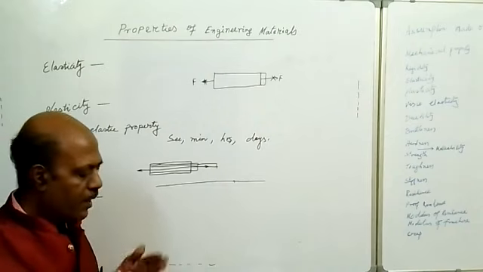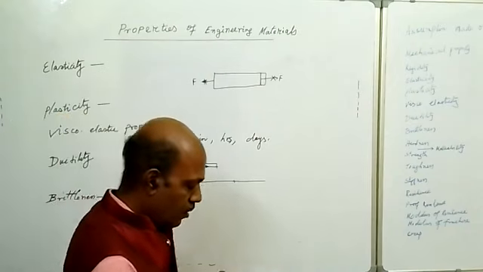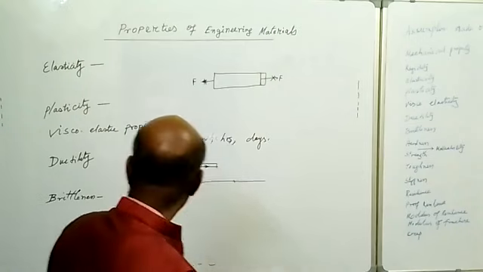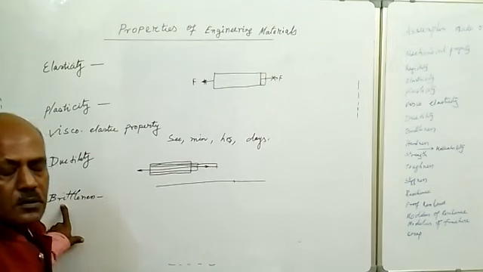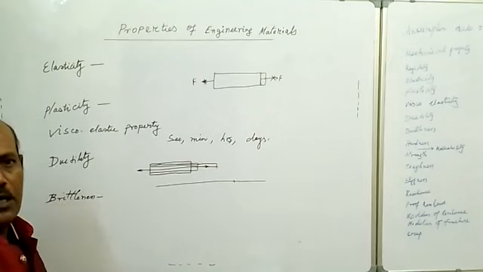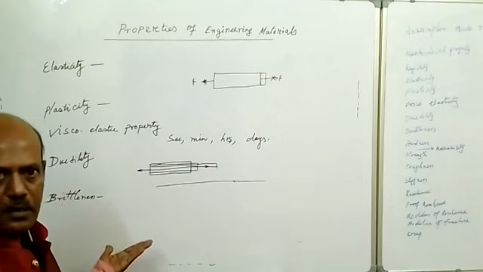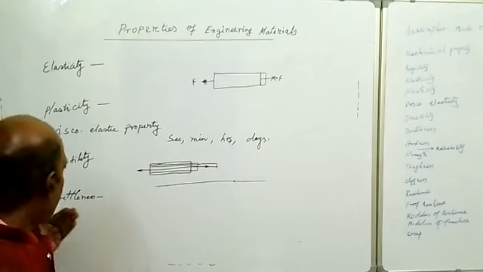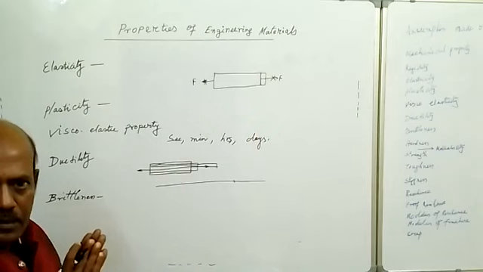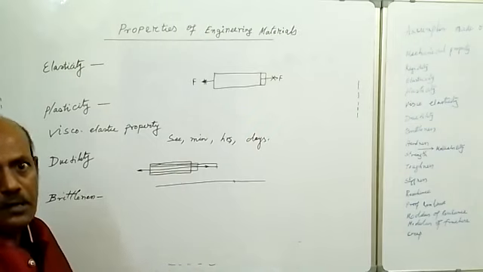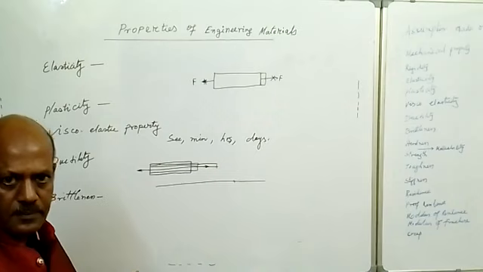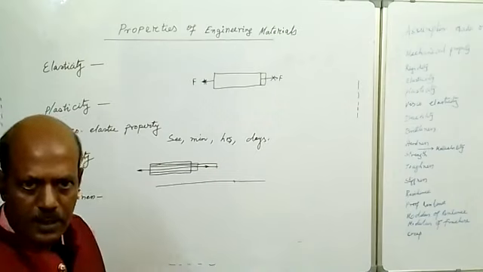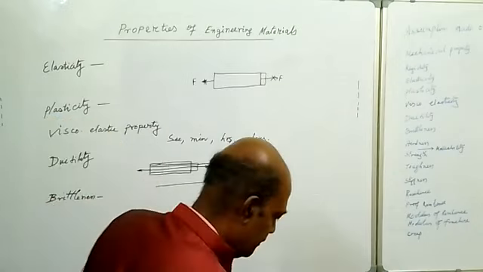The material which shows this behavior is called brittle material, like cast iron. So the property by virtue of which the material breaks easily without much deformation, and the material which shows this behavior is called brittle material, like cast iron.